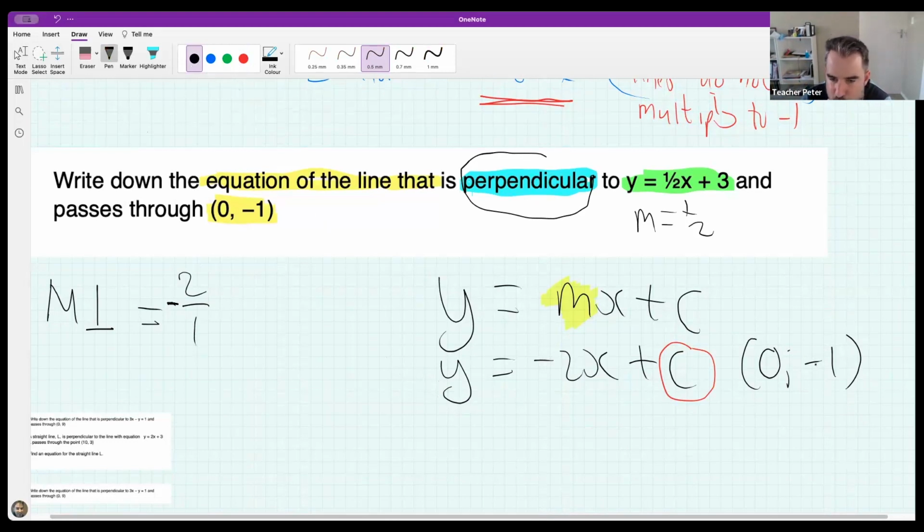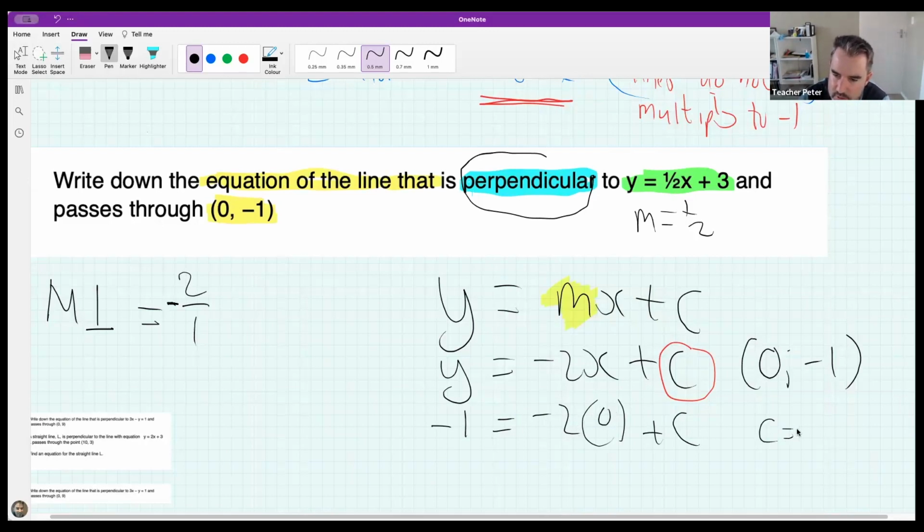Well, I can take this point, and I need to sub it in, don't I? So I think I'm going to put a -1 here, a -2 times 0 here, and then I get C. But actually, the 0 knocks everything out.